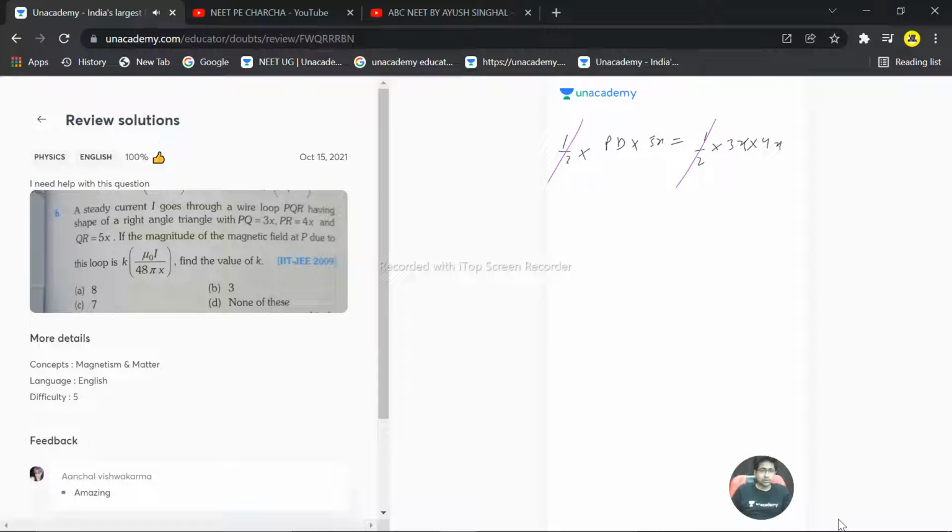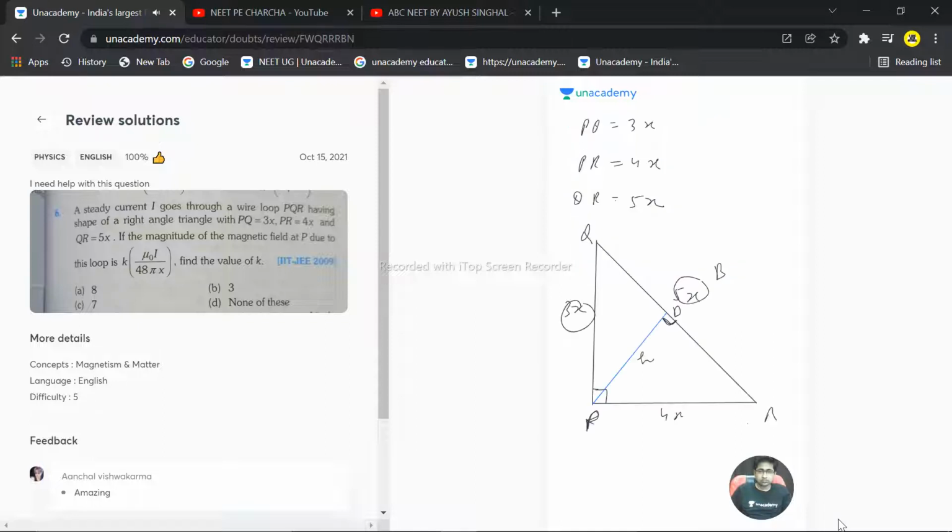Now let's calculate the value of PD from here. The value of PD comes out to be 12x by 5. That is the value of PD we have right now. Let's start solving for QD, this section, which I am calling Y, suppose.